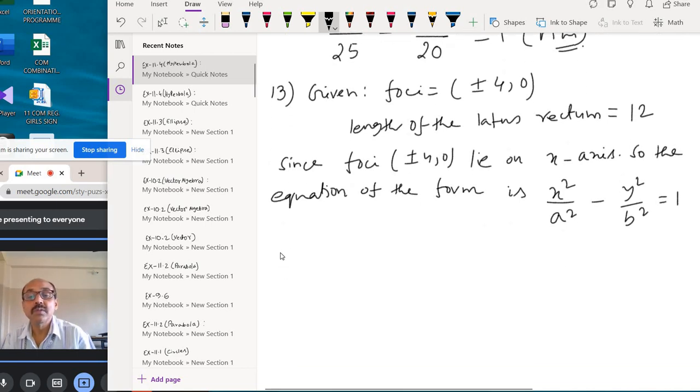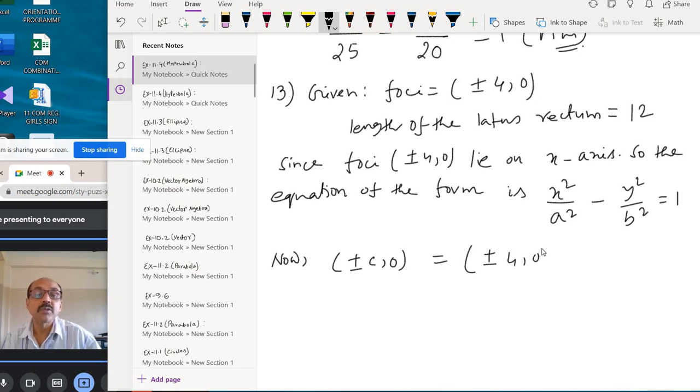Now the coordinates of the focus plus minus c comma 0 equal plus minus 4 comma 0. Comparing both sides, c equal to 4, therefore c square equal to 16.